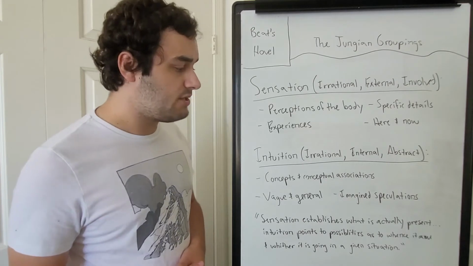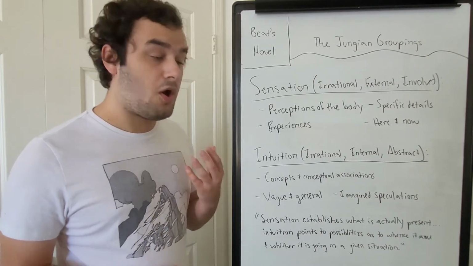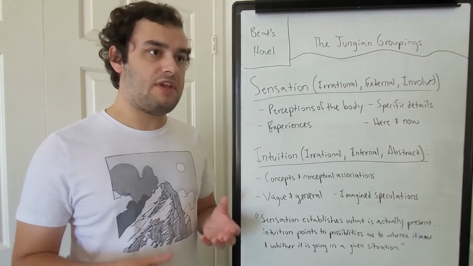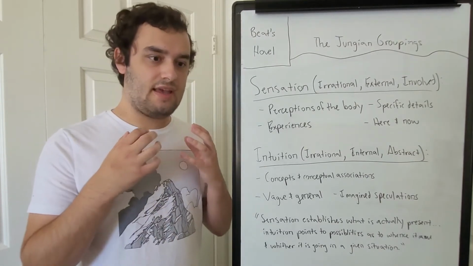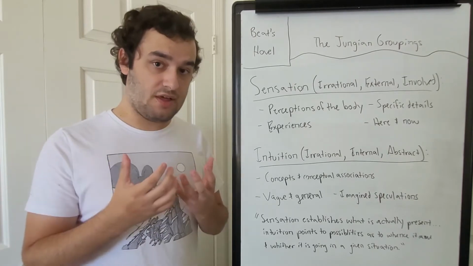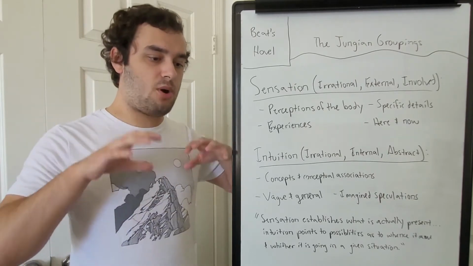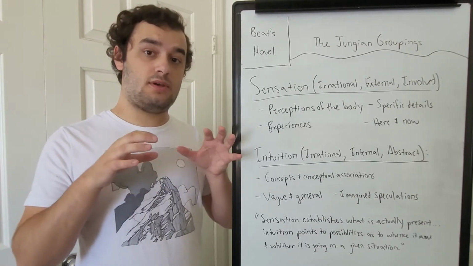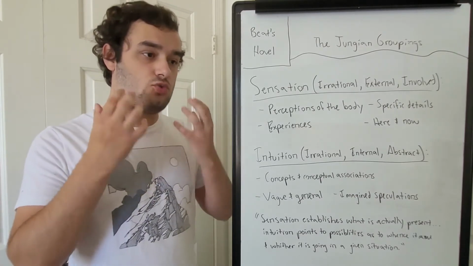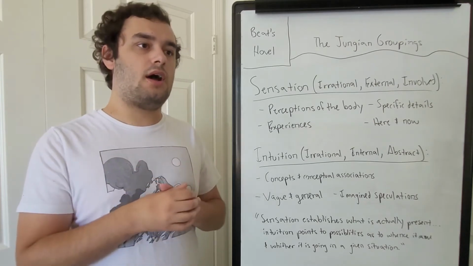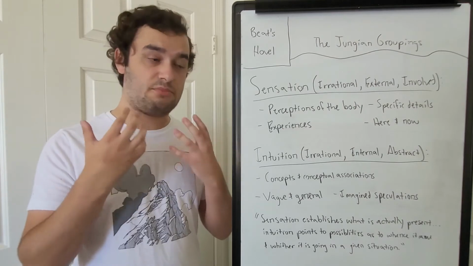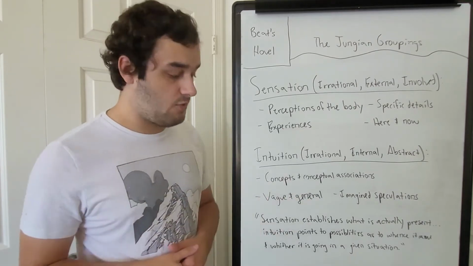Well, intuition is, unlike sensation, concepts and conceptual associations. Things that we can imagine with the mind and that we can see happening and that we can picture, we can speculate on, we can hypothesize, but are not actually part of our grounded experience of the here and the now. They're things that we have to strain to communicate to others, but are often central to our experience and perception of the world, which is why they're irrational.